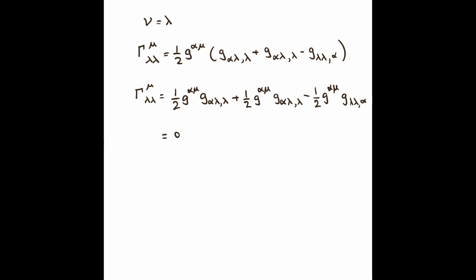Now we can combine like terms: g^αμ g_αλ,λ minus 1/2 g^αμ g_λλ,α. Now, we want to observe that the metric tensor is diagonal, so the off-diagonal elements are 0.